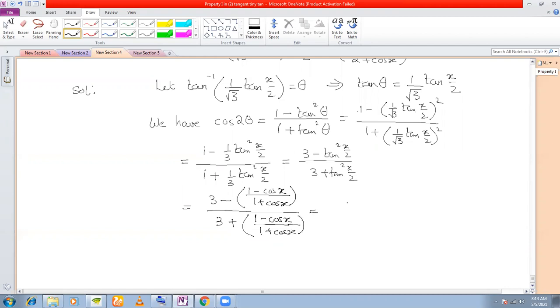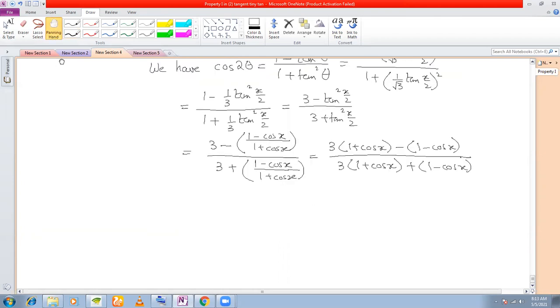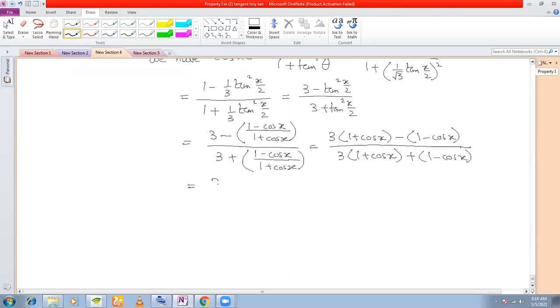Okay, so now I'll take an LCM again. I get thrice 1 plus cos x minus 1 minus cos x divided by thrice 1 plus cos x plus 1 minus cos x. Okay, so now it's 3 plus 3 cos x minus 1 plus cos x divided by 3 plus 3 cos x plus 1 minus cos x.